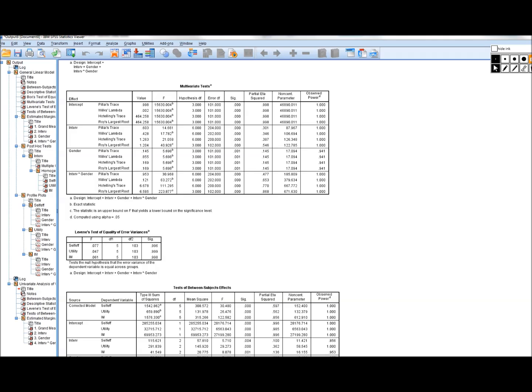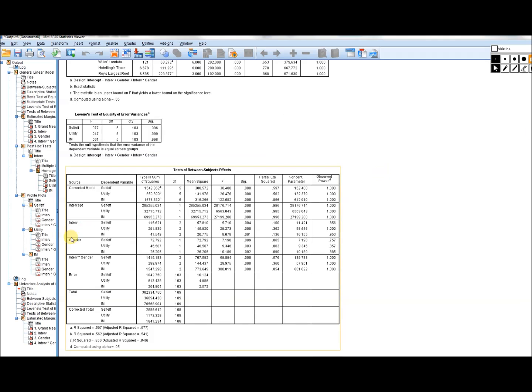So the long and short of it is that one set of strategies as a follow-up to the MANOVA, if the MANOVA is significant, is to look at the univariate ANOVAs, which are basically factorial ANOVAs, comparing group differences on each of the main effects, in this case intervention and gender, as well as the interaction between the two independent variables.